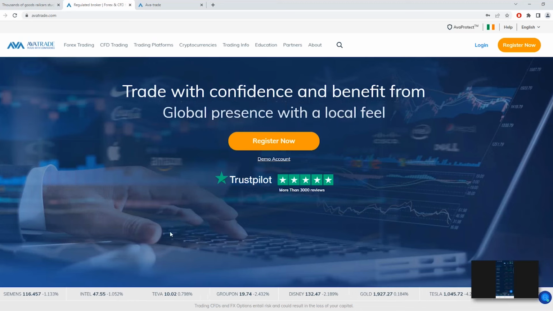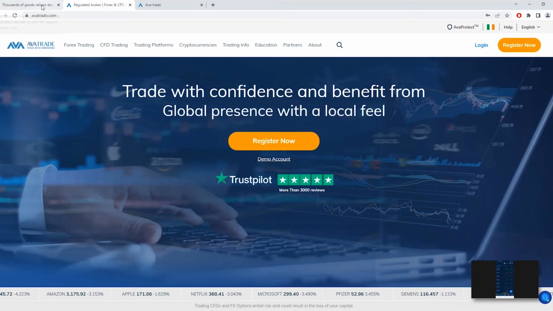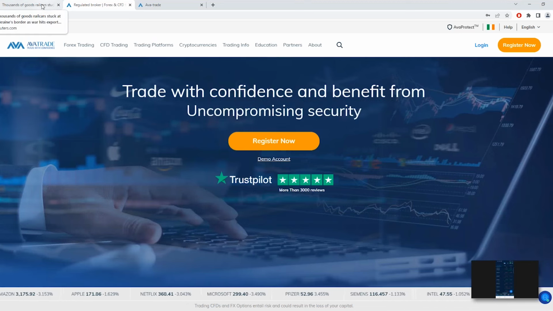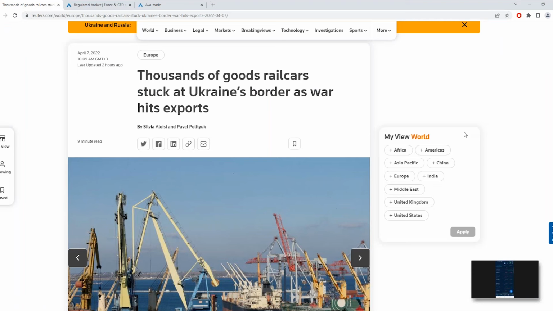Now, real quick, I pulled up just one headline that kind of rings the point home that we're making in the webinar: as we look at the technical analysis, to keep in mind some fundamental news as well. Here's a headline that just came out on Reuters. Thousands of goods in rail cars are stuck at Ukraine's border, trying to get out of Ukraine and can't because of the war.